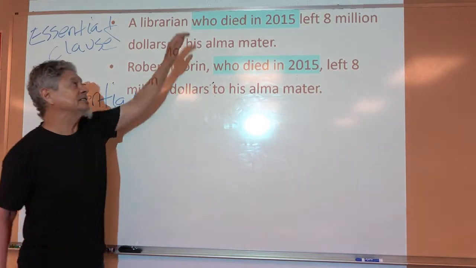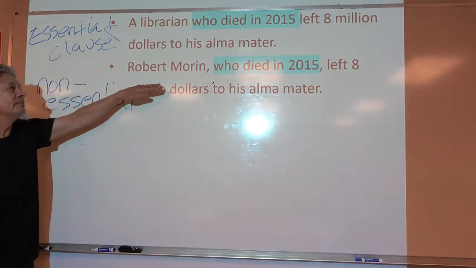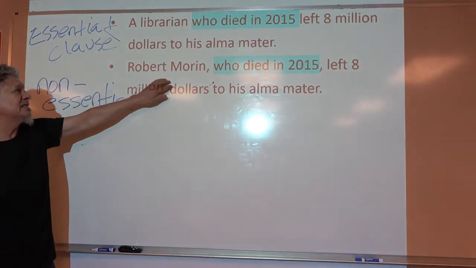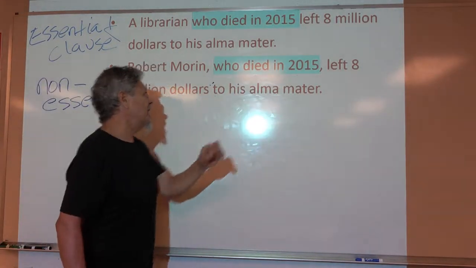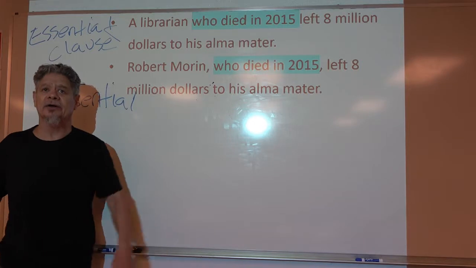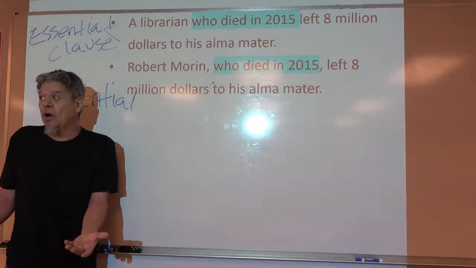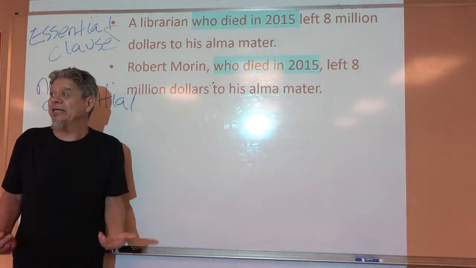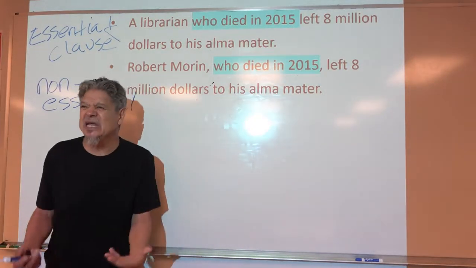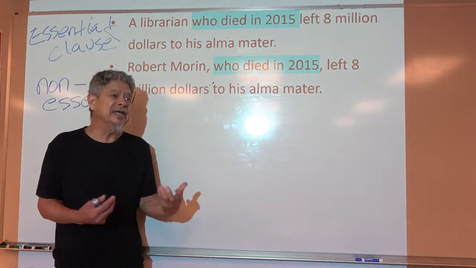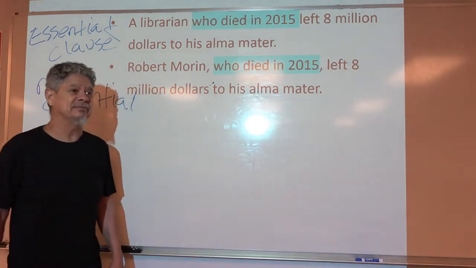Okay? Essential dependent clause. Here, this sentence says, Robert Morin, if I leave these out, Robert Morin left $8 million to his alma mater. So we already know who left the $8 million. This information of when he died is not really essential.